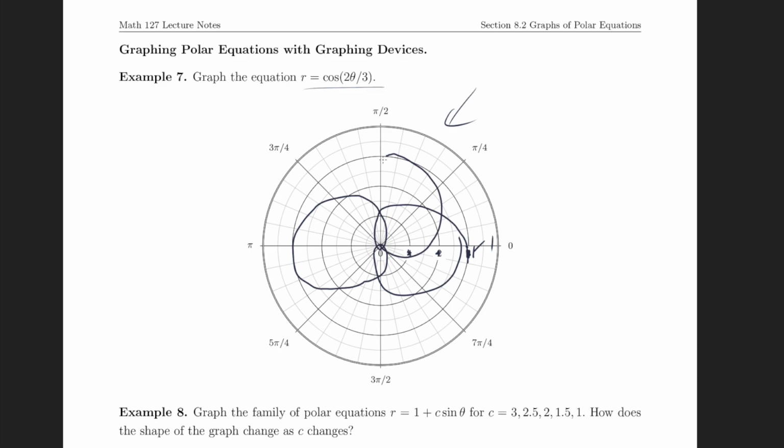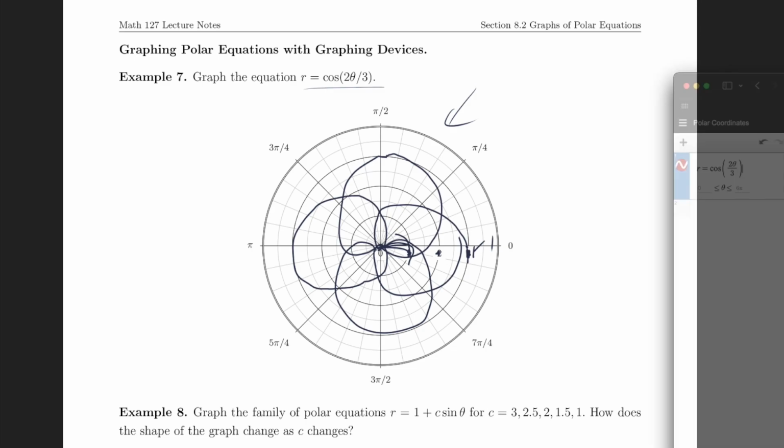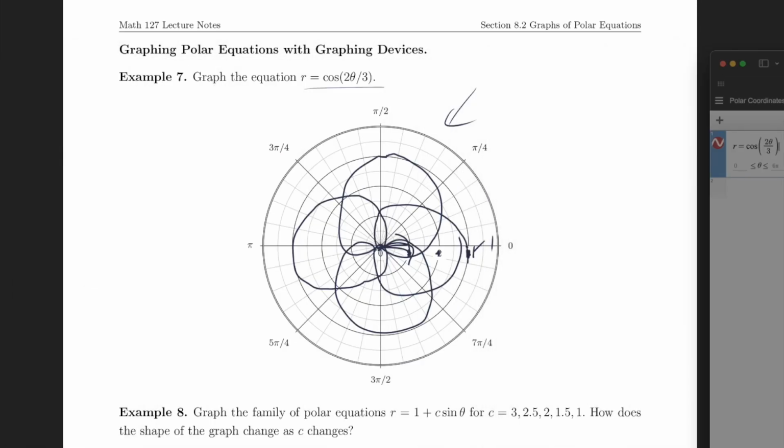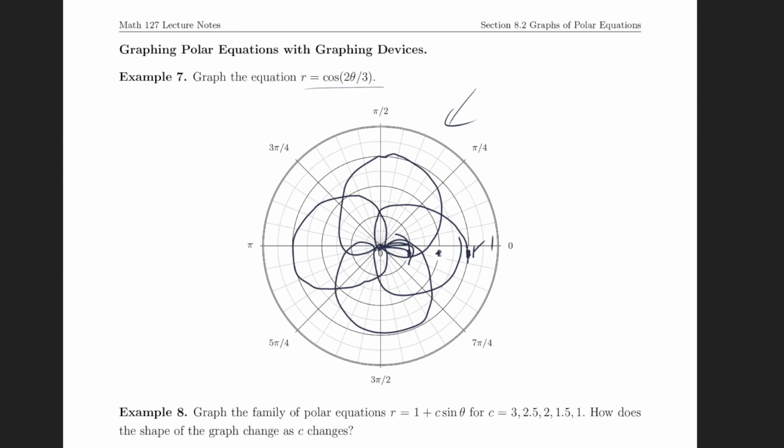Trying to think of the best way to draw this. And then the other half will come in, comes around, and comes in. All right, so that's not a terrible sketch of it. I mean, granted, this looks way better, right? But it's close enough for what we're going to do on our papers.